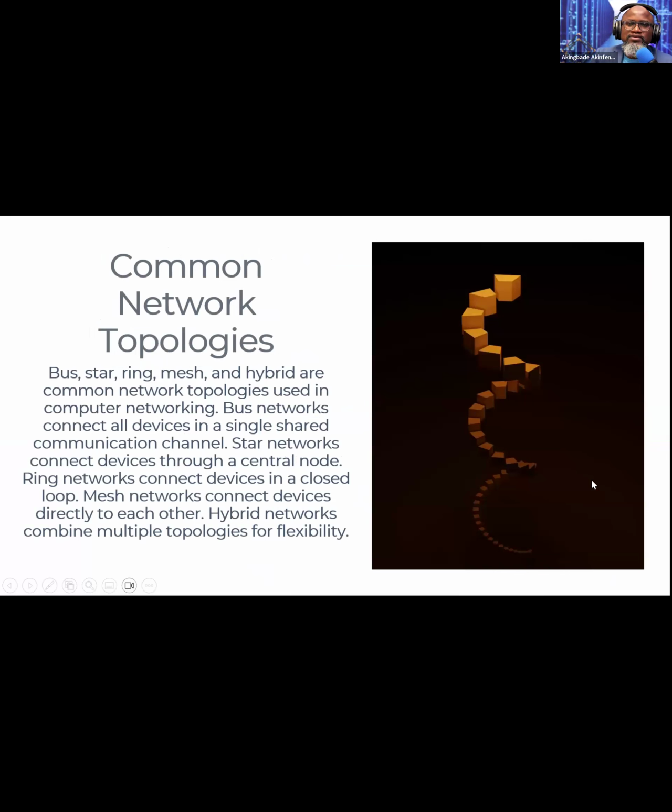Common network topology. Can we all type the word topology in case somebody asks you what the network topology is within your environment? Everybody, okay, interview. Well, if it's an analyst question for GRC, they won't ask you this, but just giving you a heads up. So, network topology, common ones are bus, star.